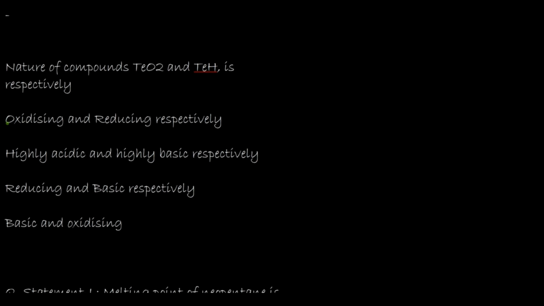Then nature of compounds TeO2 and TeH2 respectively. Compounds of tellurium with oxygen and tellurium with hydrogen. You can see clearly these are from the oxygen series: oxygen, sulfur, selenium and tellurium. As we move down the group, the stability of the lower oxidation state increases. So tellurium always wants to be in the 2+ oxidation state, right?